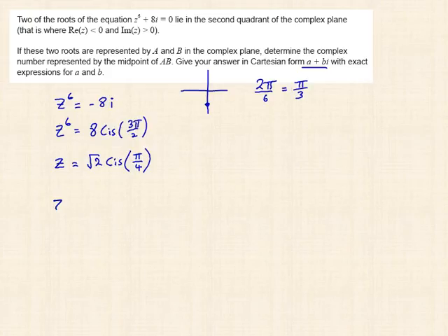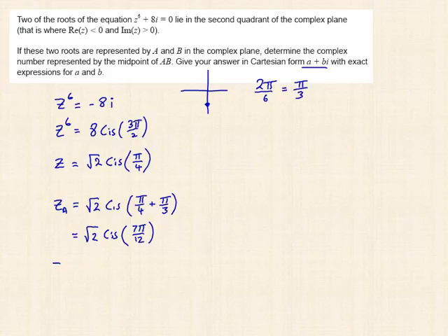The two that we're after, Z A would be root 2 cis pi by 4 plus pi by 3, which is root 2 cis, put them over 12, 7 pi by 12, and the other one we'll add on another pi by 3, so that's 4 pi by 12, giving us root 2 cis 11 pi by 12.